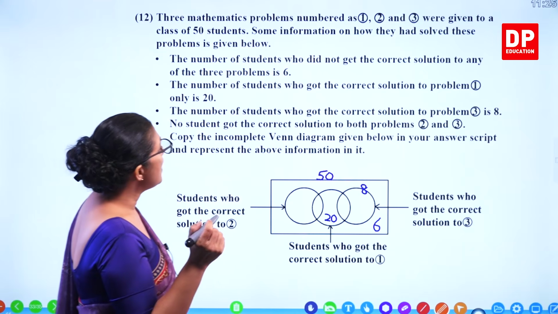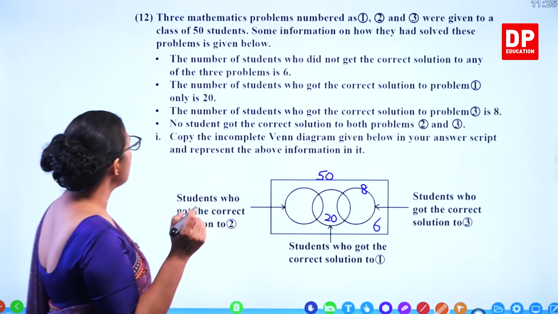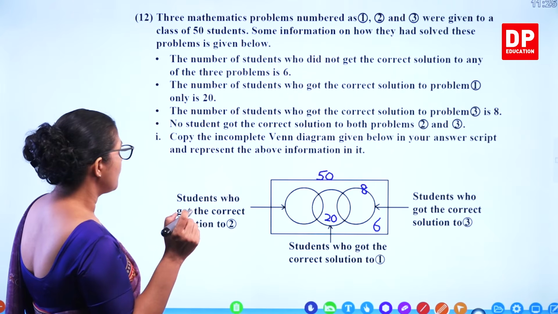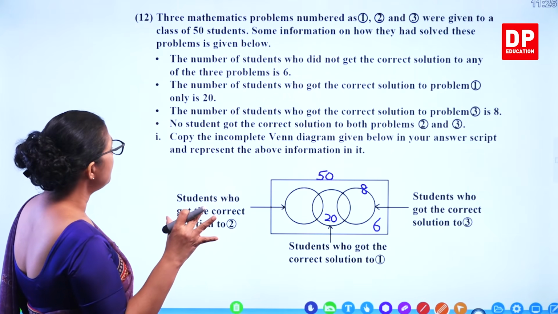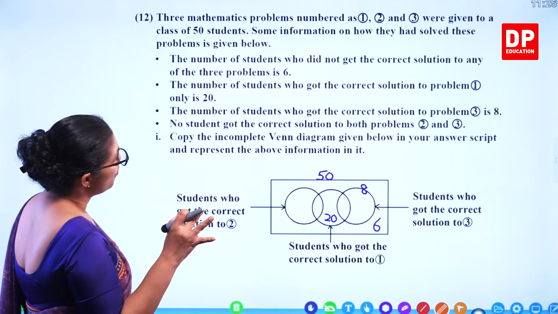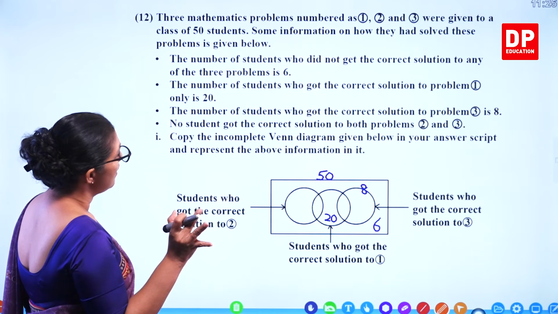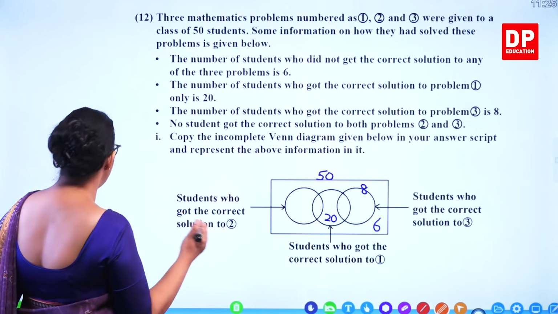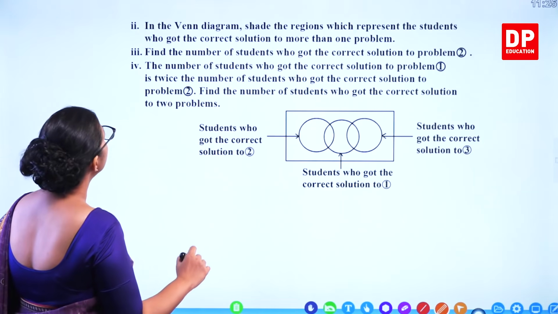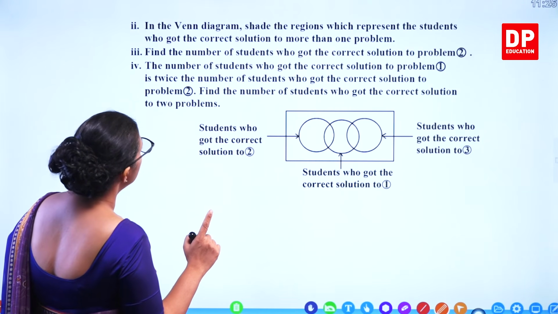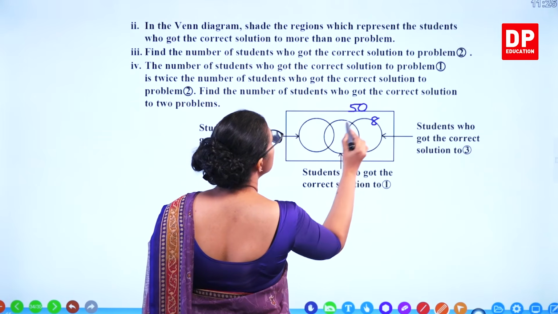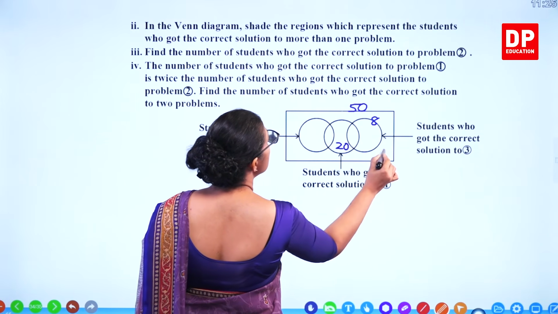Copy the incomplete Venn diagram given below in your answer script and represent the above information in it. So this is the diagram. So we can mark only that one for this step. Then we can move to the next question, next part. Now we can mark the same thing here, 50, 6.